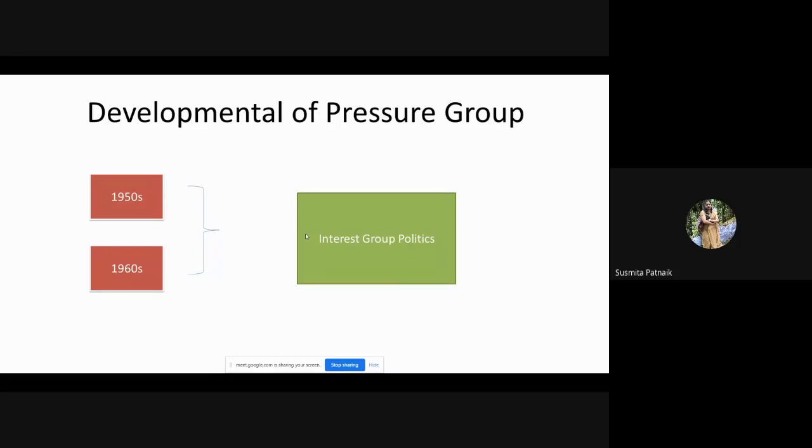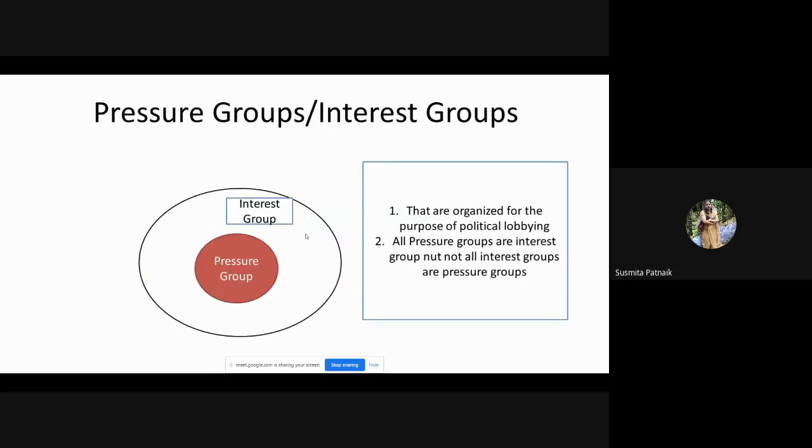Then in the next slide, the first question is whether there is any difference between pressure groups and interest groups, or whether both are synonyms of one another. Some say that there is no basic difference between interest groups and pressure groups. Interest groups are synonyms of pressure groups.